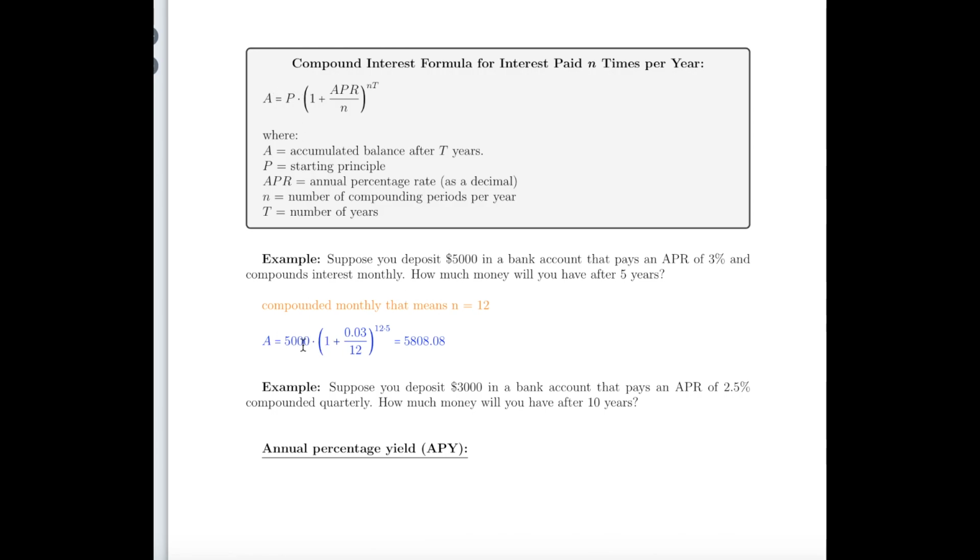So it's 5,000 times 1 plus our APR, which is 3%, so we convert that to a decimal, 0.03, divided by the N, which we just talked about was 12. Close parentheses, and then our power is going to be N times T. Our N is 12 multiplied by our T, which is those 5 years. When you plug that into your calculator, you should get this number.